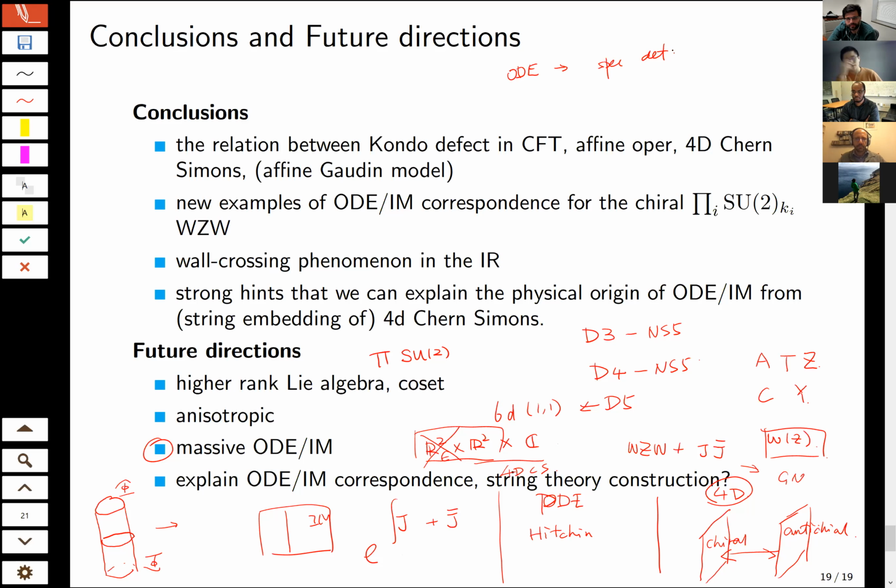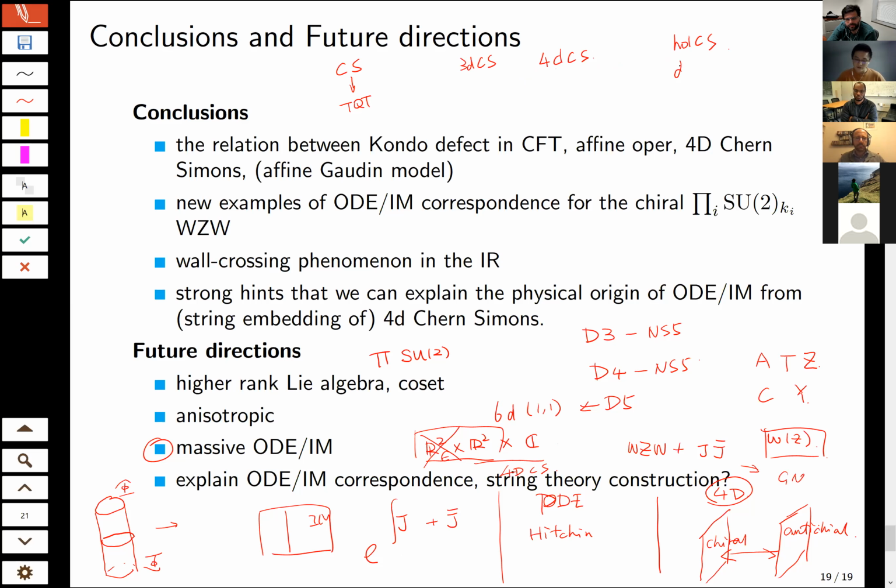Yes, that's a good question. I'm not sure, but trying to replace 3D Chern-Simons with a more general TQFT would be a very good starting point. There's a thing you can study: you can think of this 4D Chern-Simons as halfway between the 3D Chern-Simons and the more familiar holomorphic Chern-Simons in 6D.